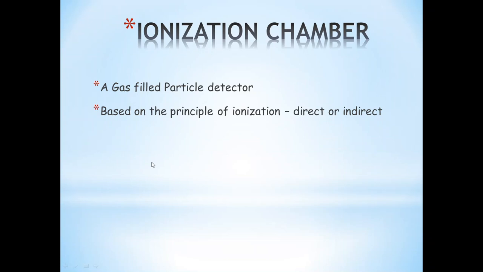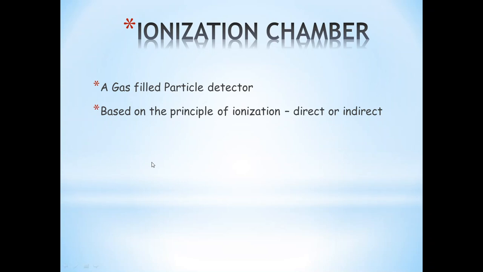Or the other way around, if the voltage applied between the anode and the cathode is very high, the particle produces an initial ionization. The electrons and ions that are produced are attracted by the electrodes and attain kinetic energy, and they can also cause secondary ionization.